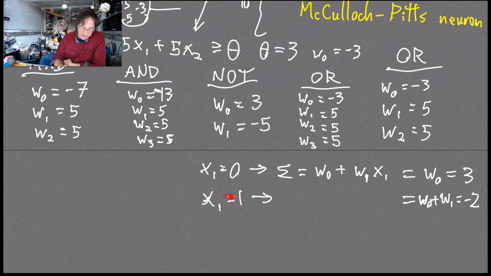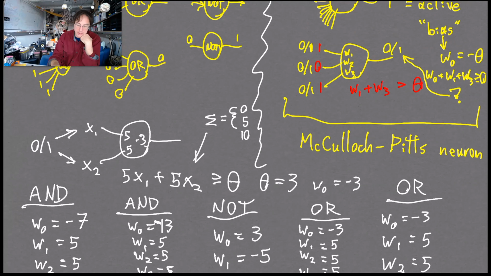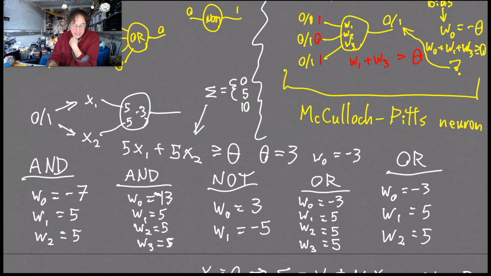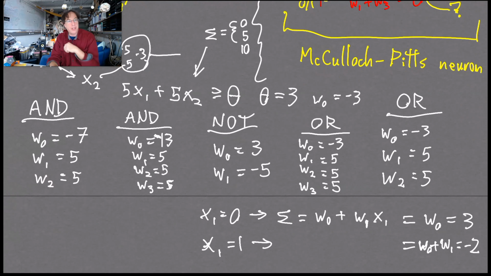If there is an active input, then the unit will become inactive. Okay, so we can make all of the digital logic gates. So we can create digital logic. And this was what McCulloch and Pitts showed, and they showed that therefore we don't need different types of logic gates here. We can just use one generalized neuron model and set the weights differently in different units. And this is sufficient for doing all the amazing things that computers can do.